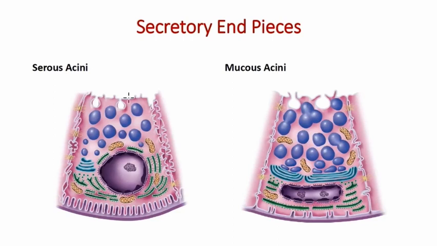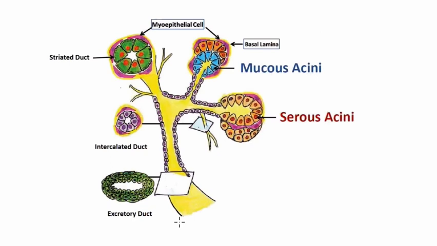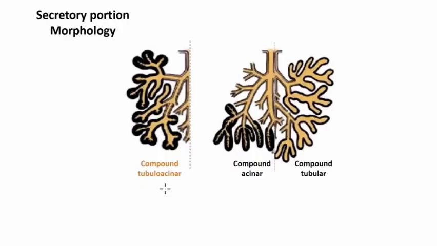The structure can be grape-shaped, spherical, and the stem is the conducting system, the duct system.